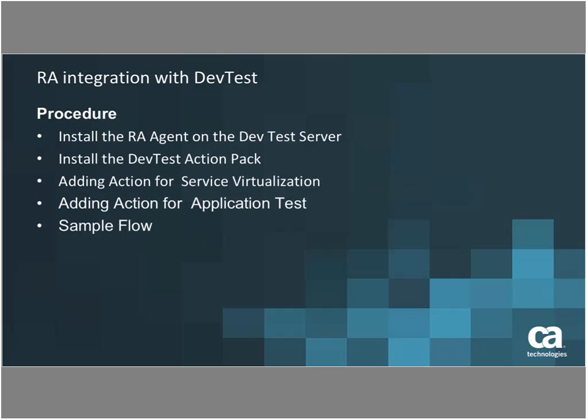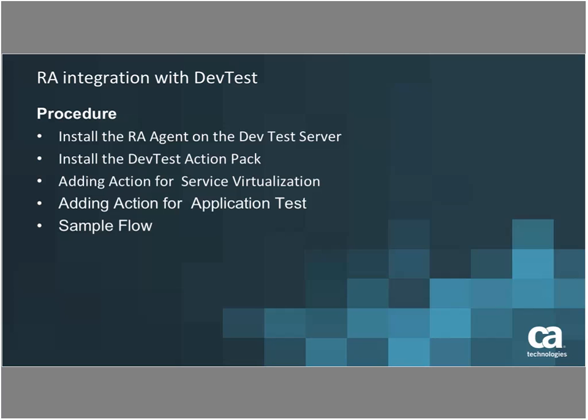So going to the steps, I've worked on many integrations, but this is a very simple integration, so there's not much work. Only thing is I've put a slide where I faced an issue. If you follow this presentation, you should be able to integrate release automation with DevTest very easily.